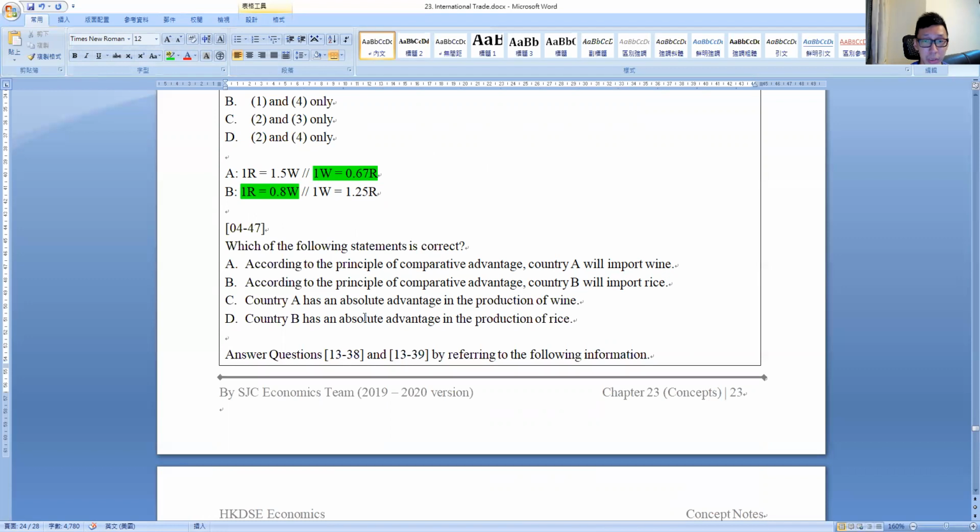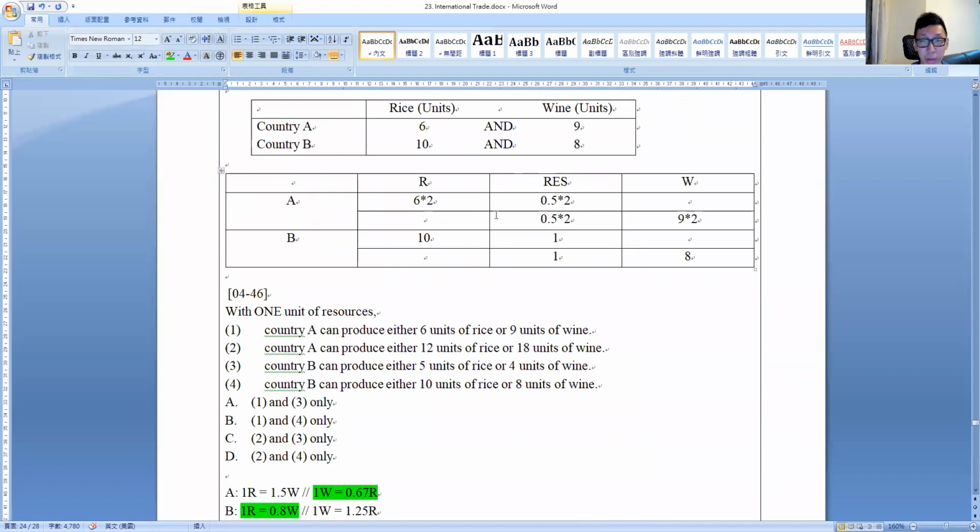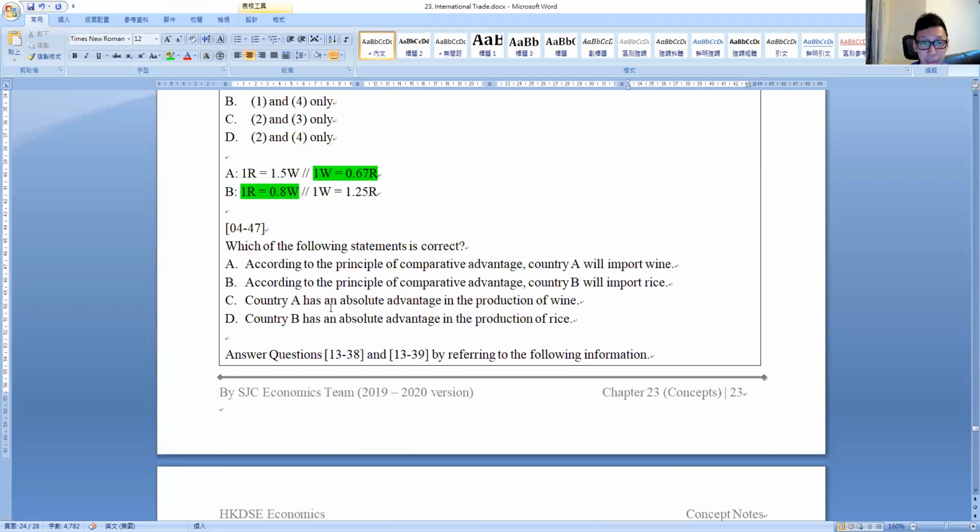Now, what about absolute advantage? 望下啦，你望返呢個 table 咪知咯。Now, all of them are 1, 1, 1, 1. 而家全部1啊嘛，睇下邊個大啲咯。12 versus 10. So, country A has absolute advantage in rice. And country A, 18 versus 8, also has absolute advantage in making wine. 兩個都係 country A 啦。Therefore, answer would be C here.